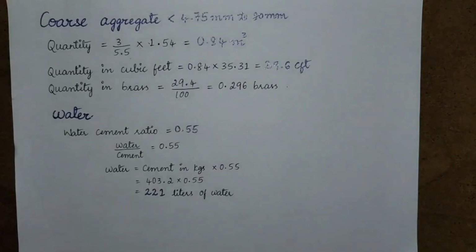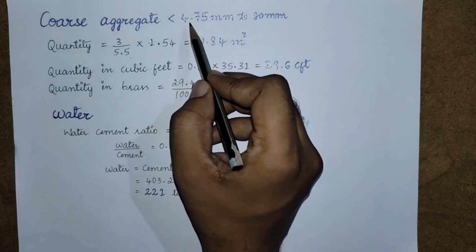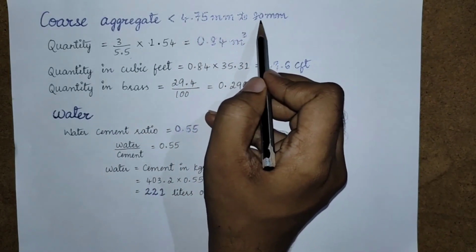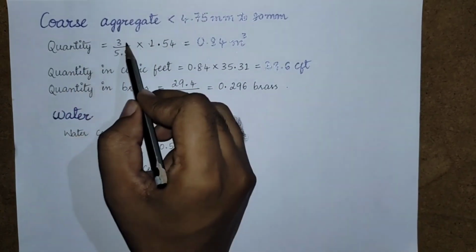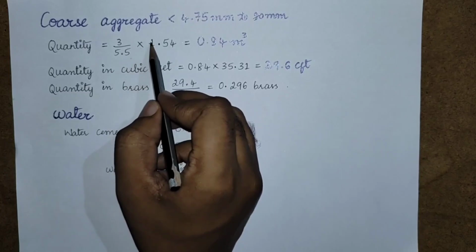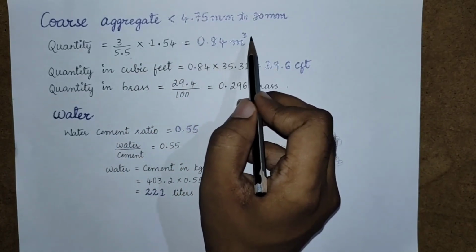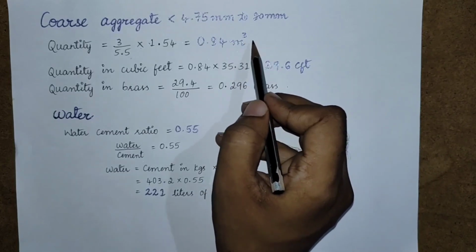Similarly, we have to calculate coarse aggregate quantity. What is coarse aggregate? The particle size which is more than 4.75 mm up to 80 mm is called coarse aggregate. Quantity is 3 divided by 5.5 multiplied by 1.54. We will get 0.84 meter cube of coarse aggregate. We will convert this into brass.